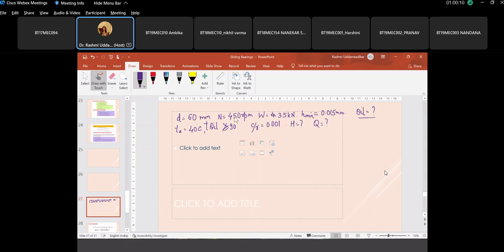So diameter is given, N is given, H minimum is given, load is given, and the temperatures are given. We have to assume some L by D ratio first because we have to refer to the graph, and all the graphs are given for different L by D curves. What value of L by D do you want to assume?